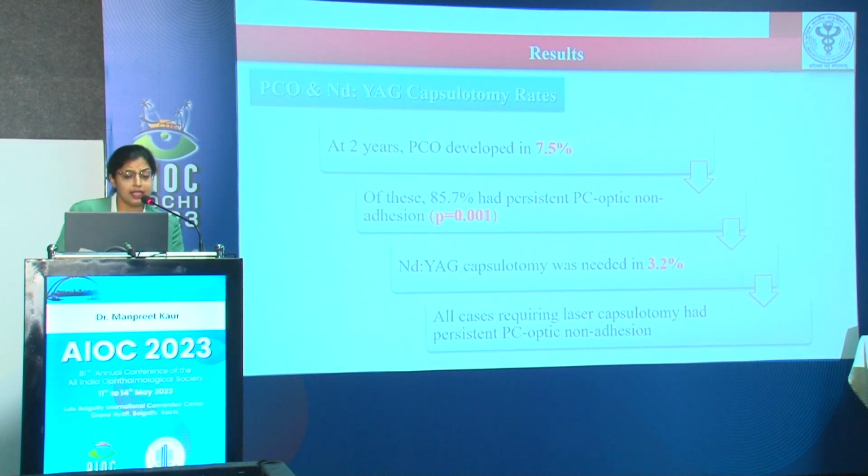What's important is that in the 7.5% cases that developed PCO, 85.7% had persistent PC optic non-adhesion with a p-value of 0.001, and Nd:YAG capsulotomy was needed in 3.2% of cases. These had PCO obscuring the visual axis, and all cases that required laser capsulotomy had persistent PC optic non-adhesion.